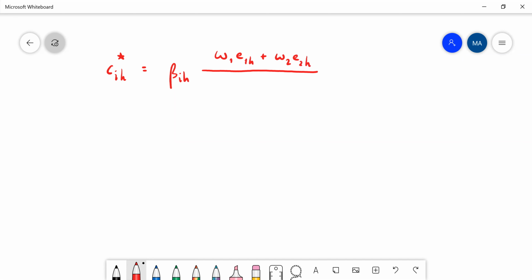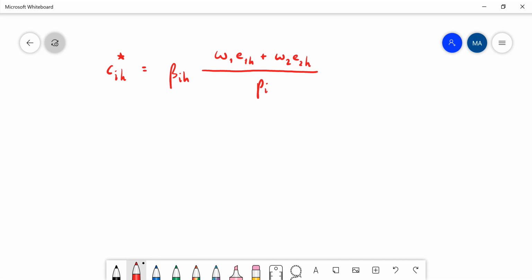A fraction beta IH of your total income is spent on the ith good. Okay? This is the Cobb-Douglas solution.